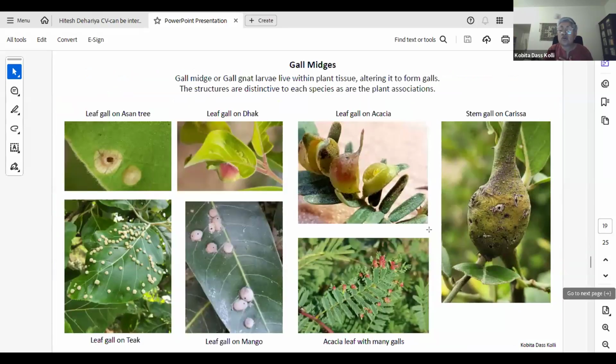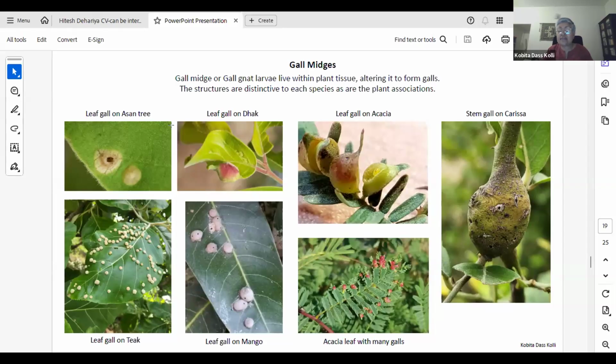Galls. We also want to record galls. Very important because they are formed. So galls are nothing but excessive growth or differentiated growth of plant tissue due to the takeover by a gall midge or a gnat. Okay, these are insects.